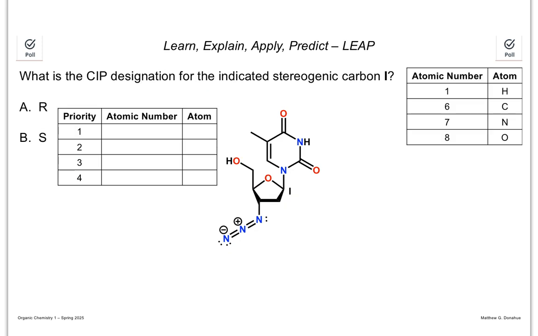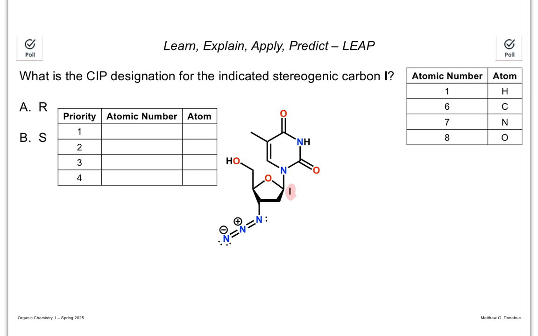So we'll do one of these just in essence of time. We'll walk through assigning it. The next 2 slides assign the other R and S to the other 2 centers. We're interested in this carbon right here with the Roman numeral 1. And so we want to walk through assigning R or S to that center.